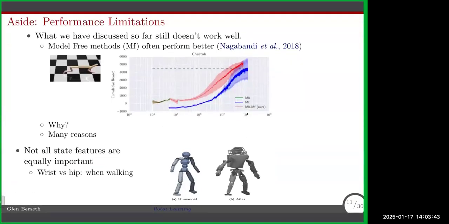There are also some other, I'll call them more mundane, reasons, but they're definitely things to consider. One of the weird ones is that if the model is being trained using something like mean squared error to predict the next state, and then it's used to make predictions, in some ways not all state features are equally important when it comes to the planning problem, not just the prediction problem.